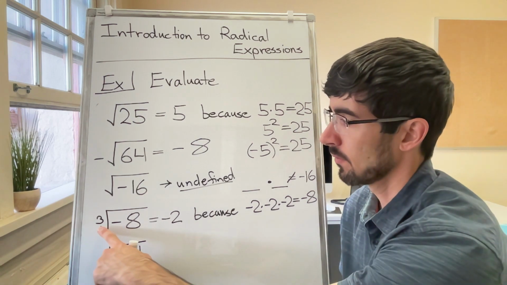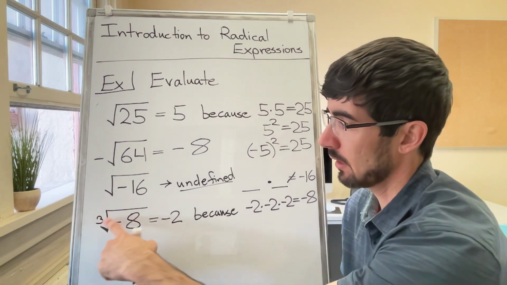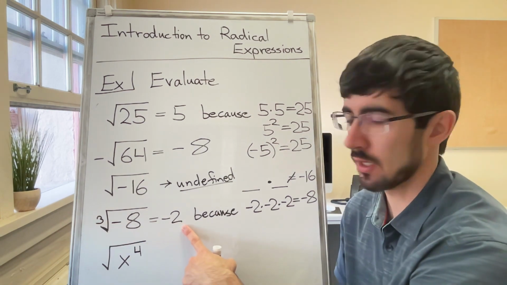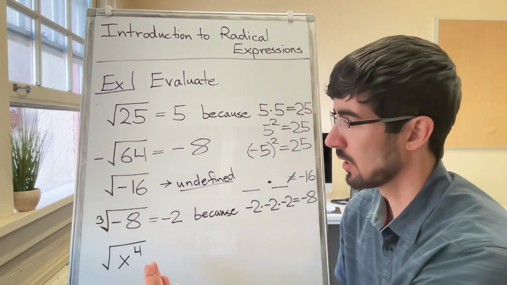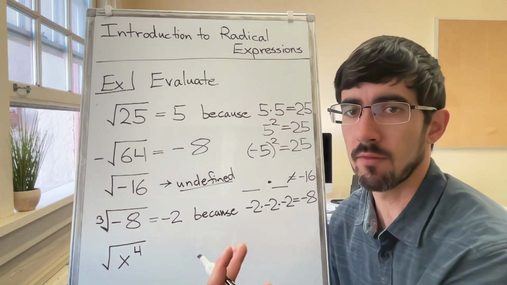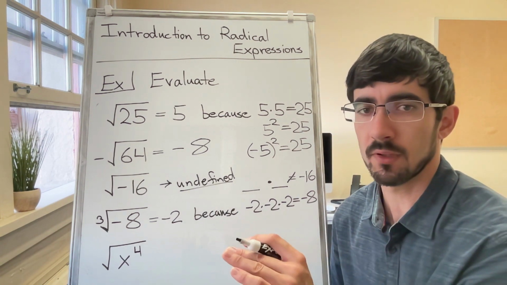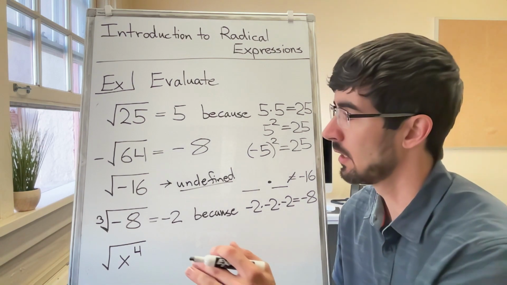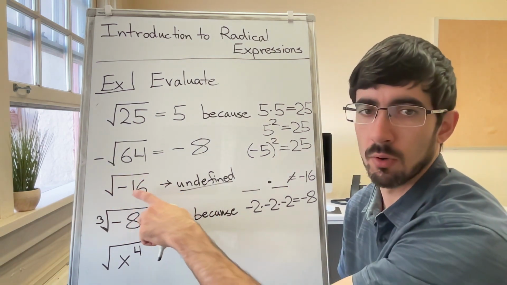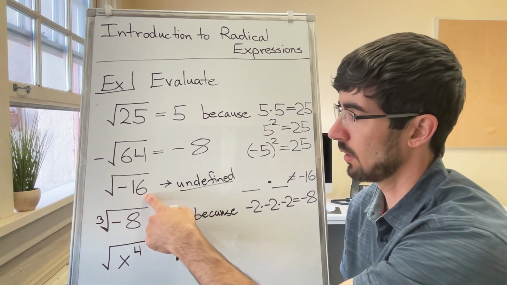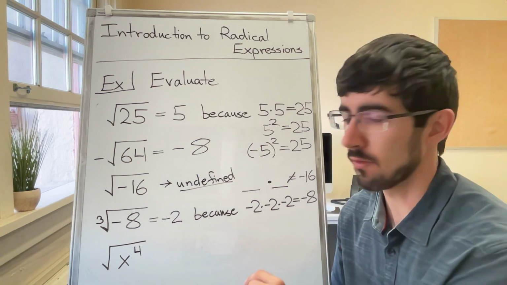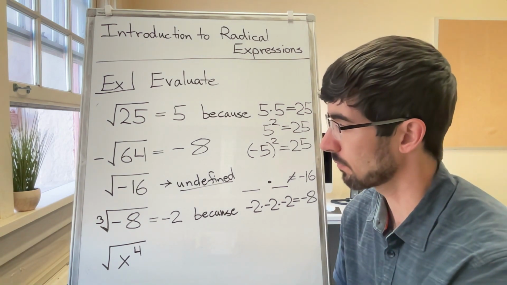Because of that, the roots of negative numbers with odd indexes are defined. They're just negative numbers. So I can take the cube root of negative 8. I can take the fifth root of negative 32. That's perfectly fine. Those are negative results. I can't take an even root, a square root, or a fourth root of a negative number. All right, so even roots of negative numbers are undefined. We want to remember that.